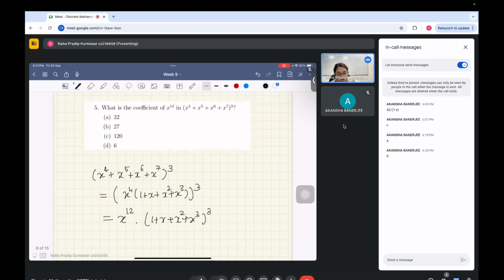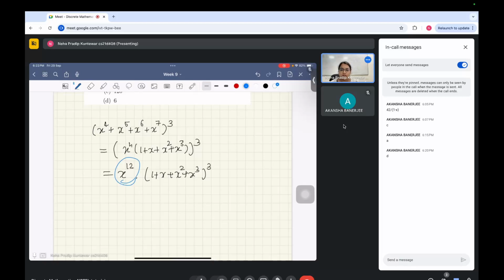What you want is the coefficient of x to the 14, and notice that you already have a multiple of x to the 12 here. So whatever term you get here is always going to be multiplied with x to the 12. So essentially you are looking for the coefficient of x square in the expansion here, because if you have the coefficient of x square, say a x square, then you multiply it with x to the 12, and that will give you the coefficient of x to the 14, which is what you want. So essentially the question is, what is the coefficient of x square here?